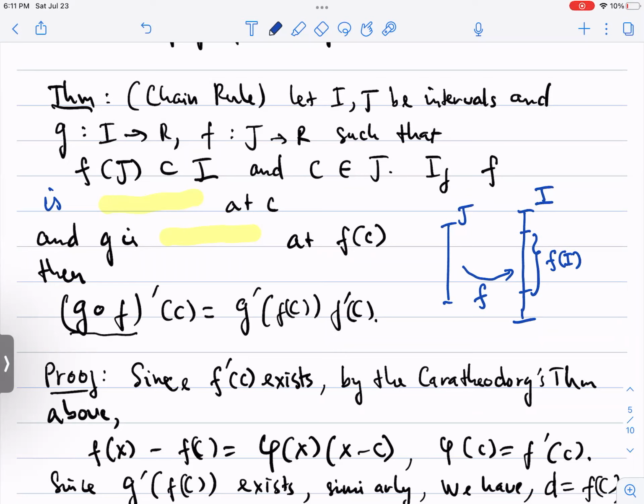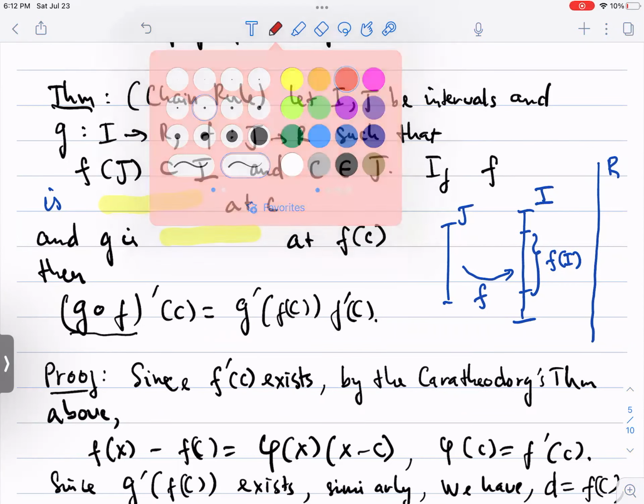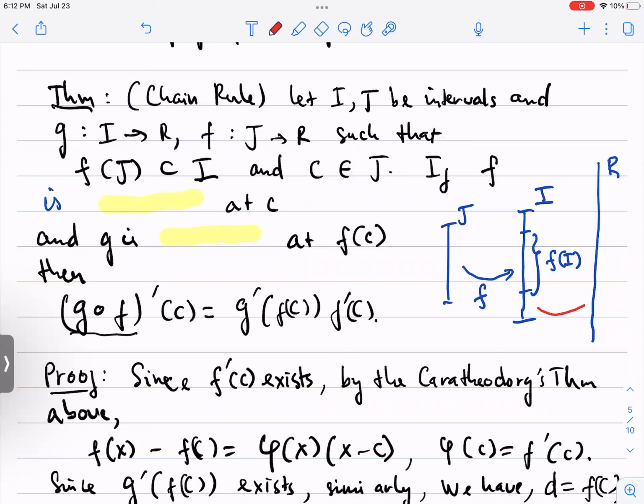And then you have another function g from I to the set of all real numbers. So this is an infinite interval. This is the function g.